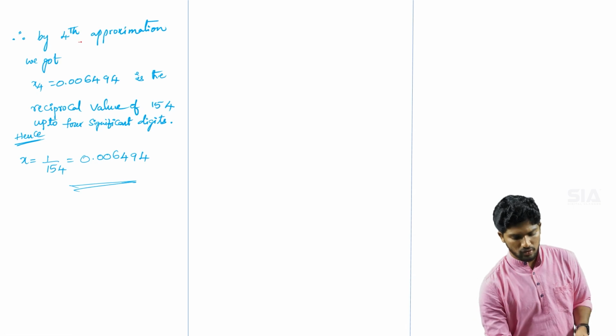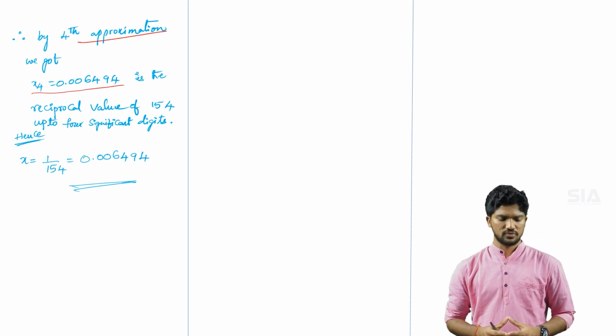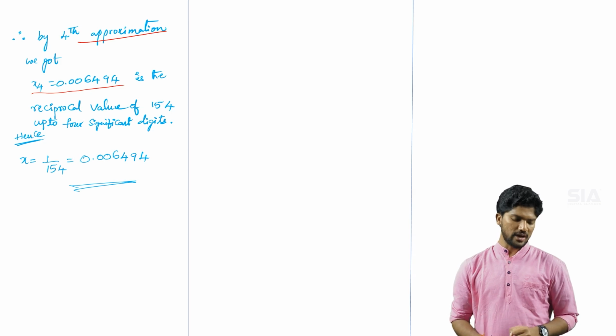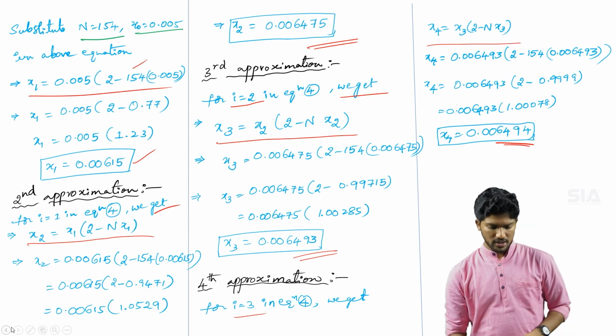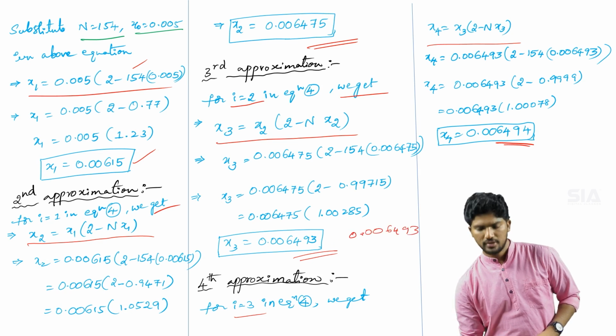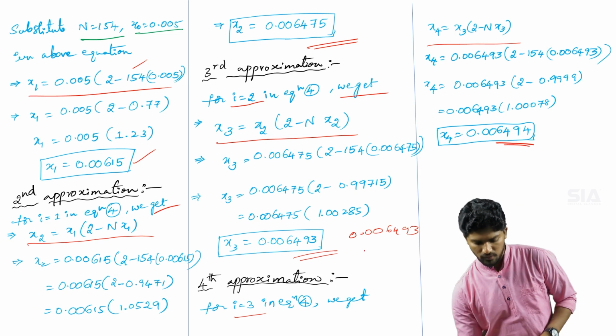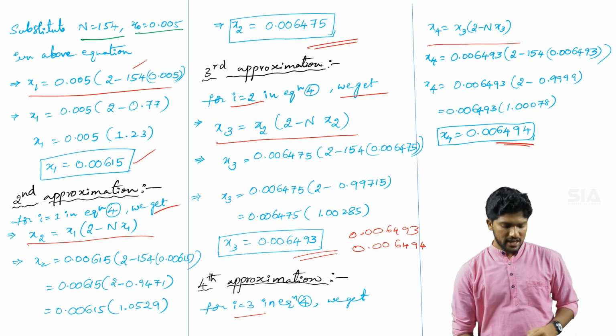Therefore, by the fourth approximation we got x4 is equal to 0.006494, which is the reciprocal value of 154. You can see here in x3 we have 0.006493, in x4 we have 0.006494. What did the problem ask?